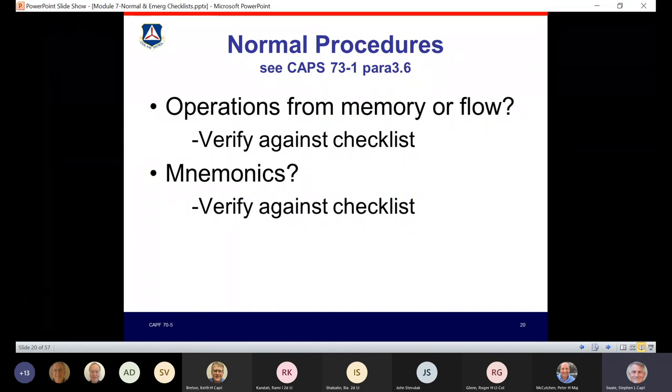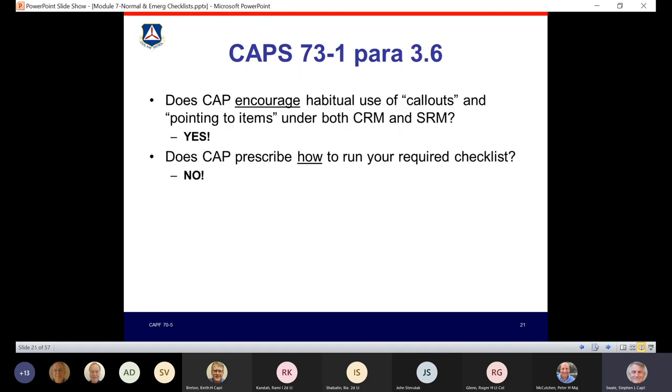So for instance, for engine failure, I use the mnemonic of red, red, silver, red, which tells me to look at the fuel cutoff, the idle cutoff, the fuel switch, that's silver, the fuel pump switch, and then look over at the mags, and that's red, red, silver, red to me. But then I still have to look down at my checklist and say, did I really remember that right? And so that's the use of a mnemonic.